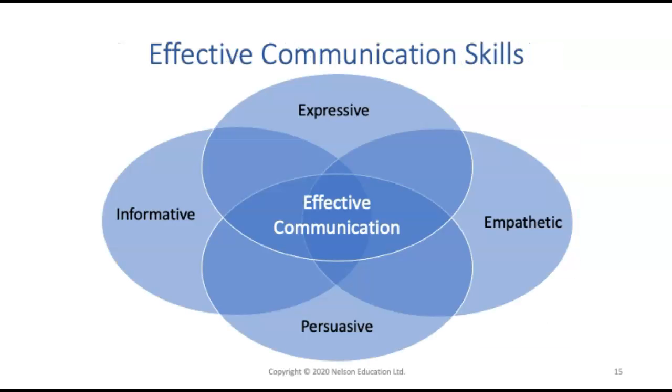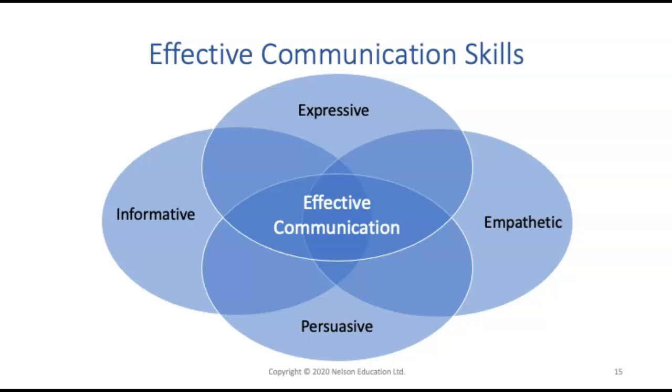Okay, and finally, effective communication skills. So effective communication is in the middle of the diagram here. In order to be an effective communicator, you have to be expressive, empathetic, sensitive.